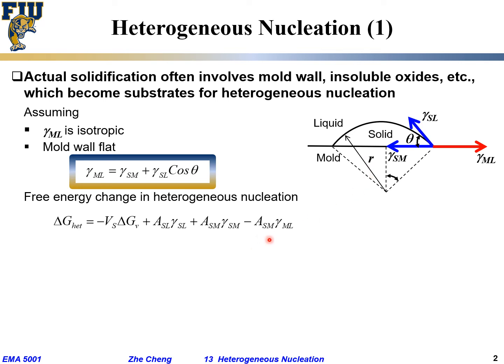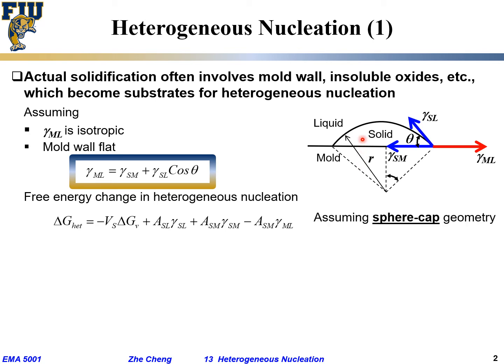So this is our net free energy change term. We have a volume free energy term, we are adding two interfaces, and at the same time we also eliminate one interface. Make sense? And then we said, for simplicity, we assume what shape?